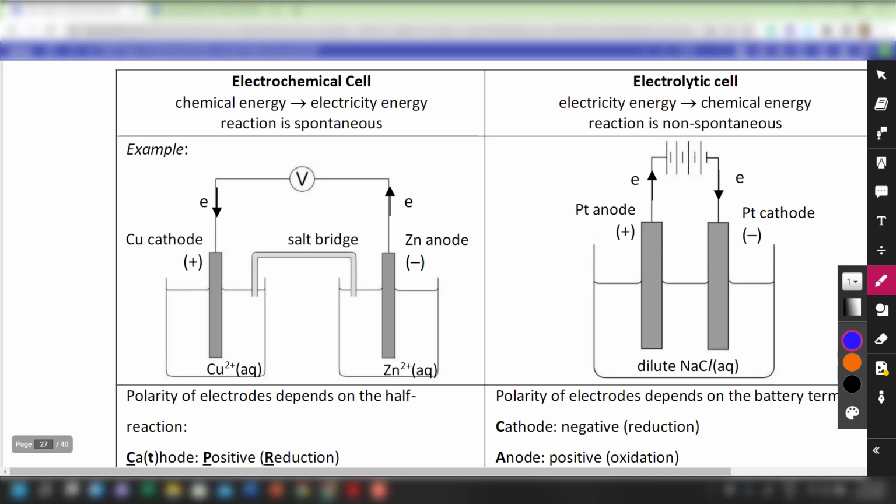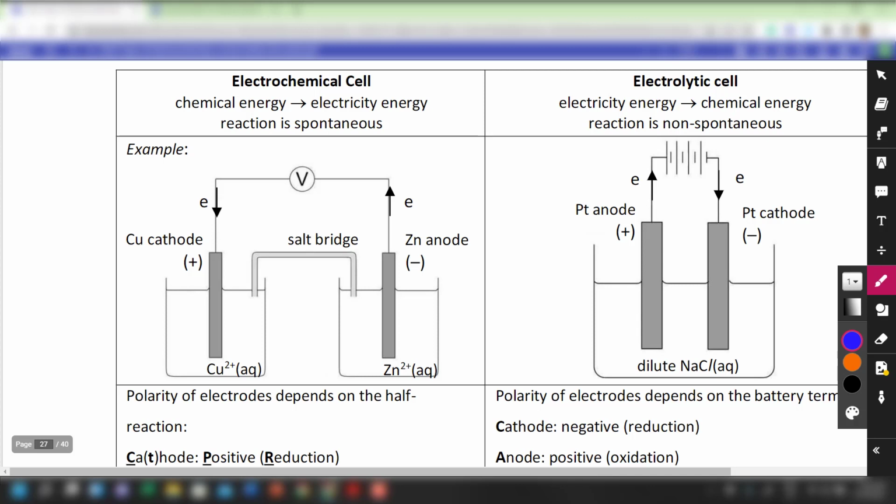In our case here, zinc is being oxidized, and because electrons are being pushed from the zinc anode to the copper cathode, the zinc anode will take on a negative charge, and the copper cathode will take on a positive polarity.